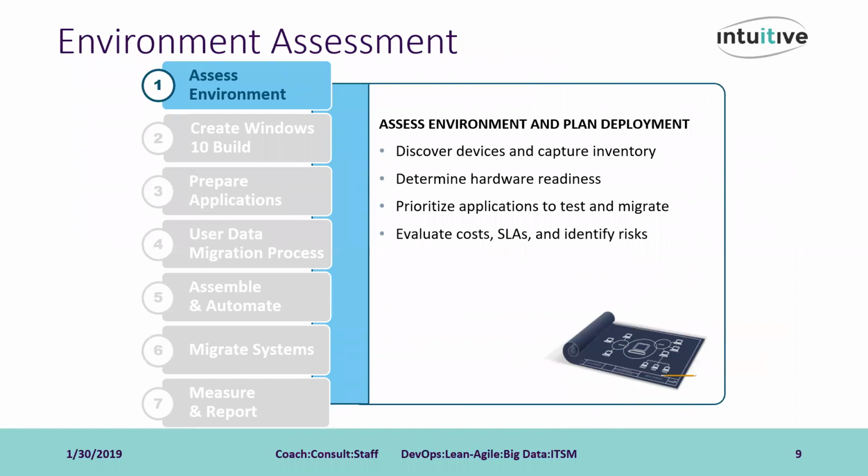We determine the hardware readiness of the environment to create the possible scenarios for upgrade. For example, the number of computers that can be migrated to Windows 10 with an in-place upgrade versus the number that will need additional hardware for the upgrade, the number of machines that will need to be replaced, those sorts of metrics.